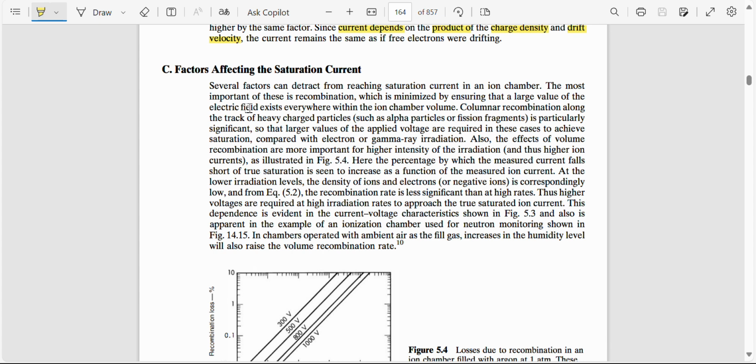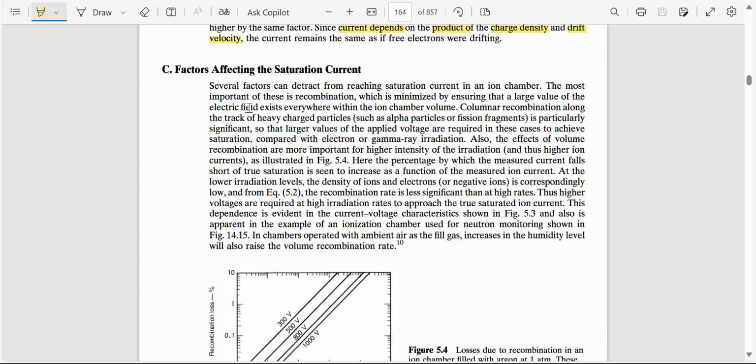As you know, when we apply the potential, as the applied potential increases, the ion pairs produced inside the material also increase. So by increasing the amount of external voltage, you can produce more ion pairs.